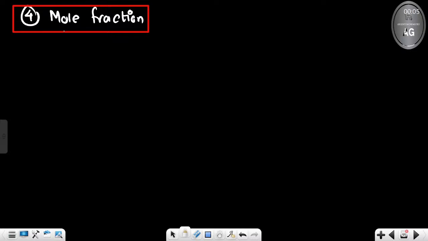It can be a part of anything. So fraction means part. Here, mole fraction means fraction of what? Fraction of moles. So from the name you can get it very easily. Since a solution is having solute and solvent, fraction of what? Fraction of either the moles of solute or the moles of solvent. Clear?